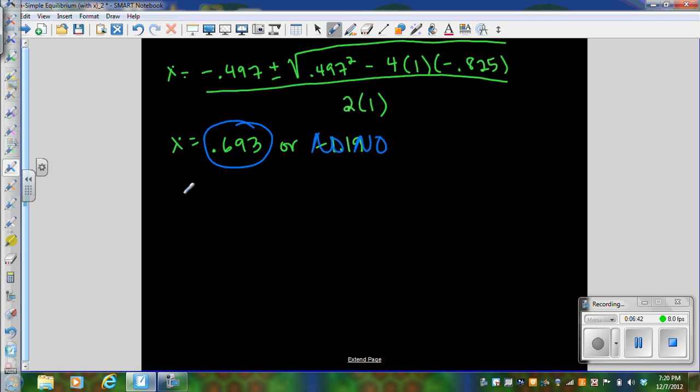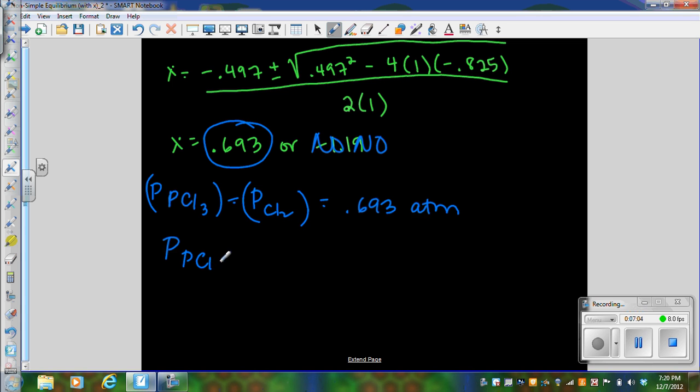So if we remember, the pressure of PCl3 was equal to the pressure of Cl2. Those were both equal to X, so those are both 0.693 atmospheres. The pressure of PCl5 was equal to 1.66 minus 0.693.